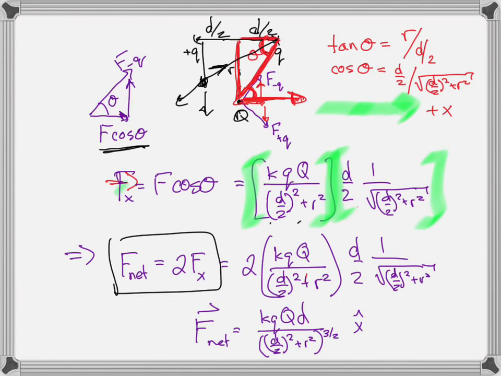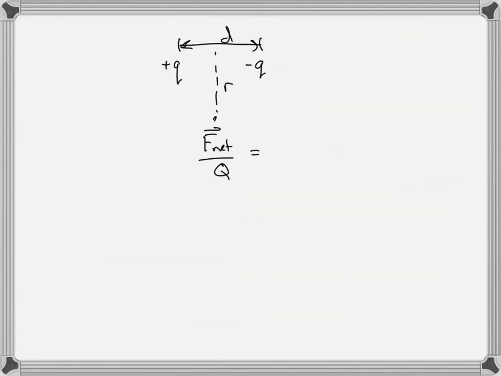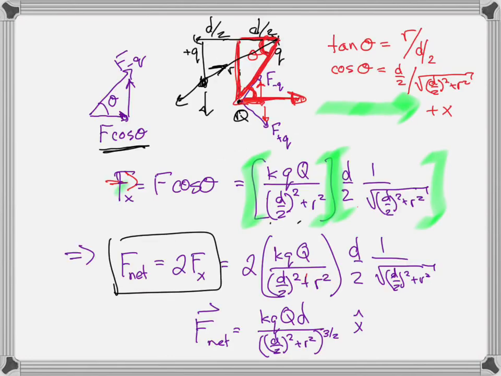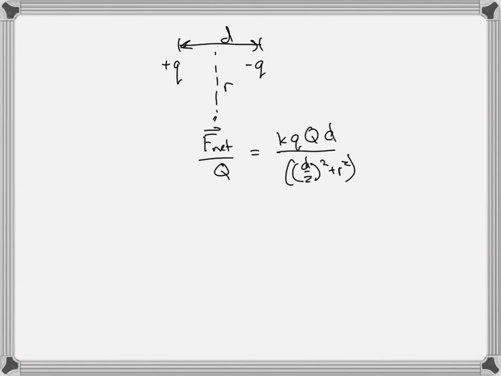The field is k q d over d over 2 squared plus r squared, to the 3 halves, x hat. I didn't divide out Q for the force, but divide out the Q, and there you go. That's the field.